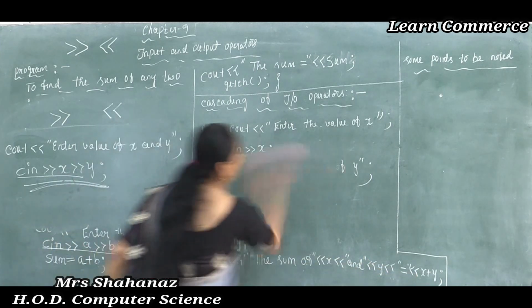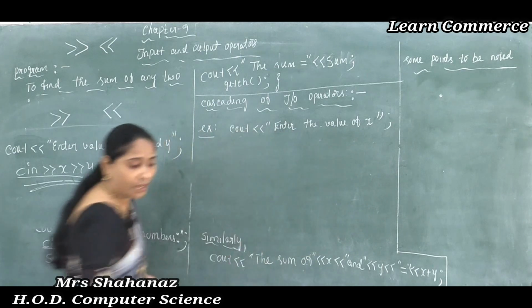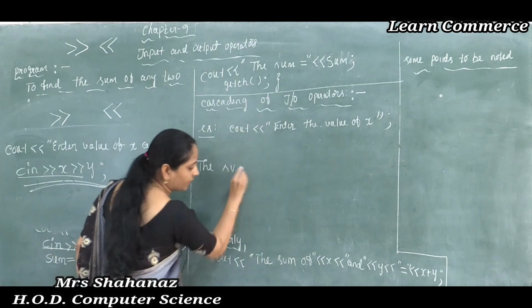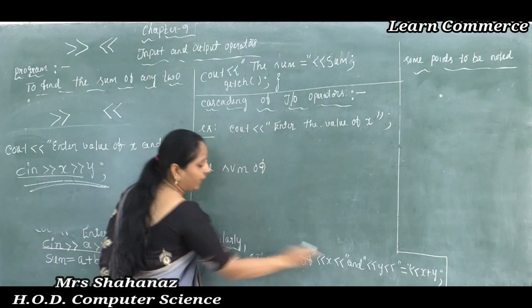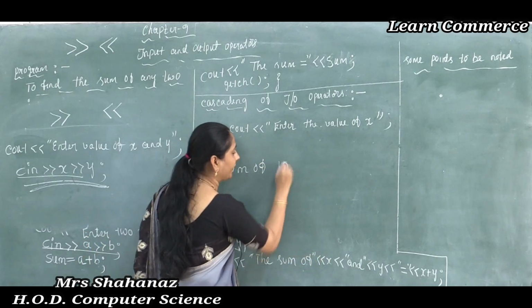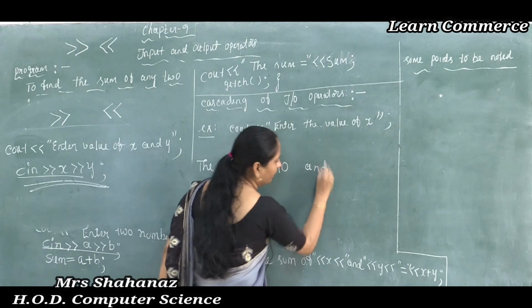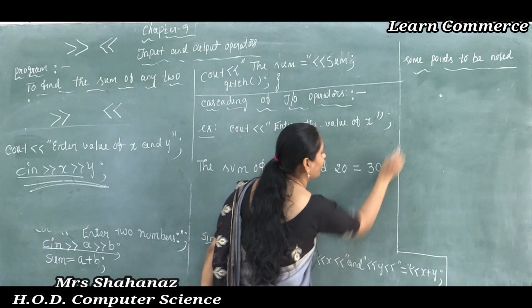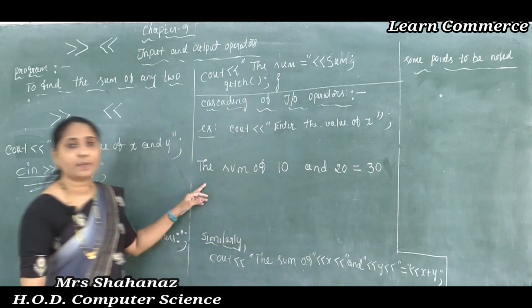Now let's see how it is going to display the output here. So we can say that it is going to display the output as the sum of, and later maybe the x value is 10 and 20 is equal to 30. Clear this point here? So like that it is going to display the answer.